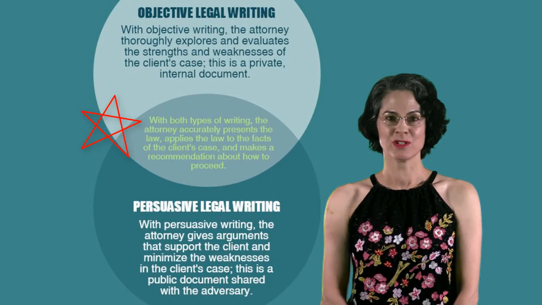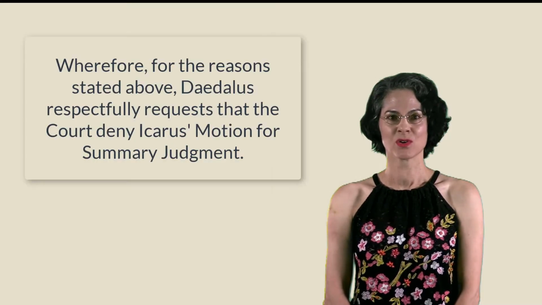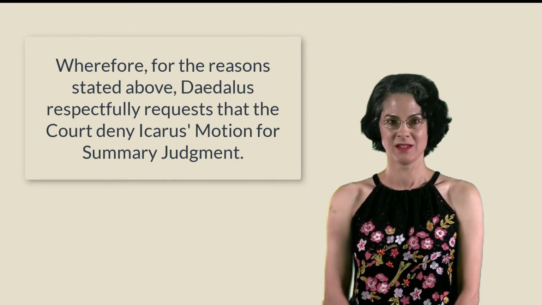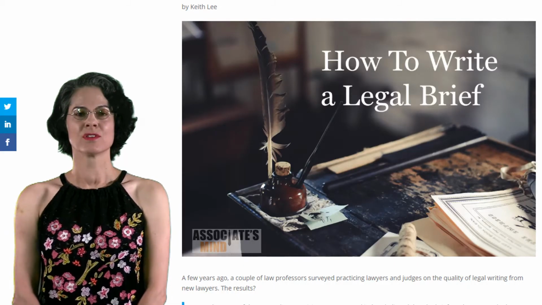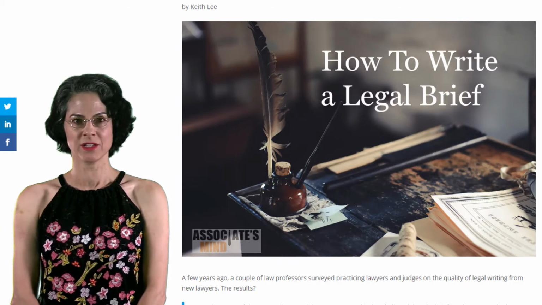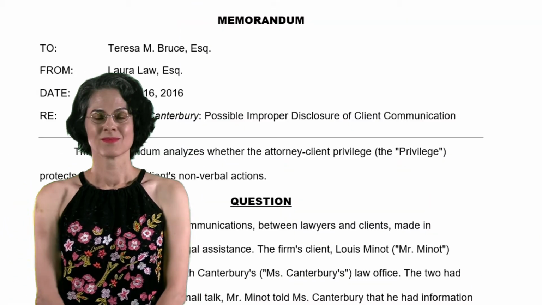In a memorandum, the attorney predicts how the judge, jury, or other decision maker will resolve the case. In a brief, the attorney recommends or suggests to the court how the case ought to be decided. Law students across the nation spend the spring semester of their 1L year exploring persuasive legal writing.